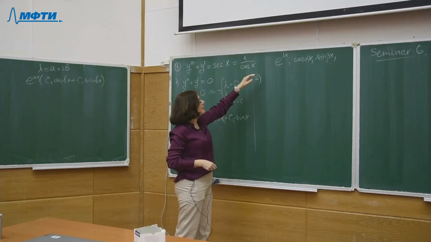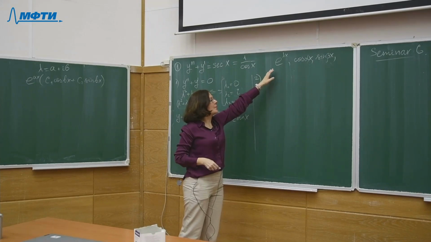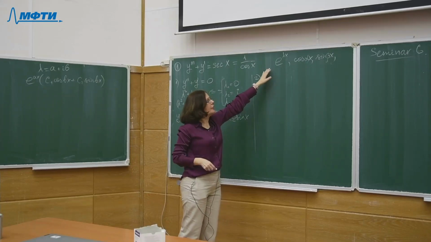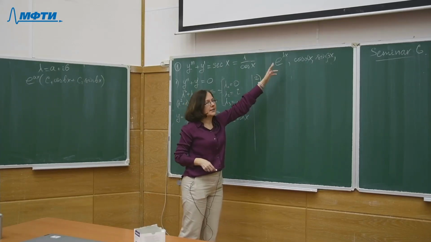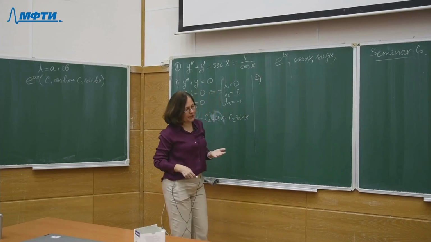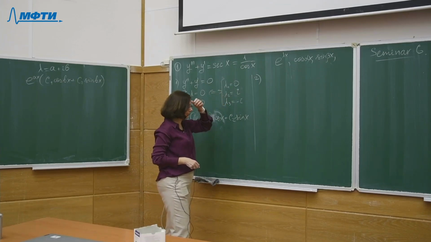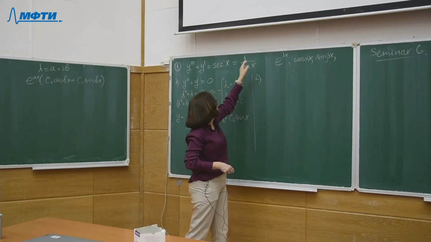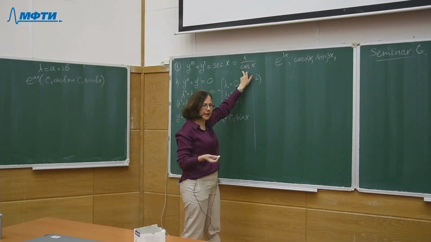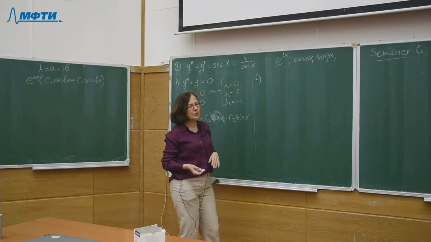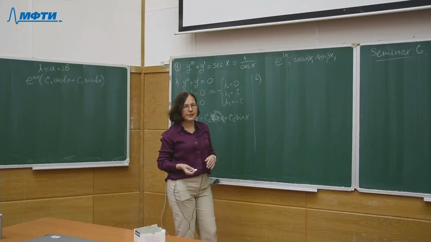It is more efficient for such a right-hand side. But our right-hand side, 1 divided by cos x, is not a quasi-polynomial, so we can't use the method of undetermined coefficients.